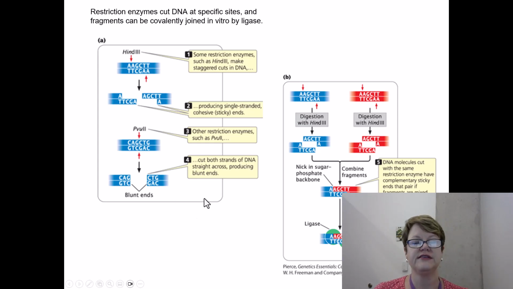So you can create these recombinant molecules using these restriction enzymes and then connecting them together using ligase. So this was one of those things that just changed everything. We could manipulate DNA, we could cut it into small pieces. There were so many possibilities at this point.